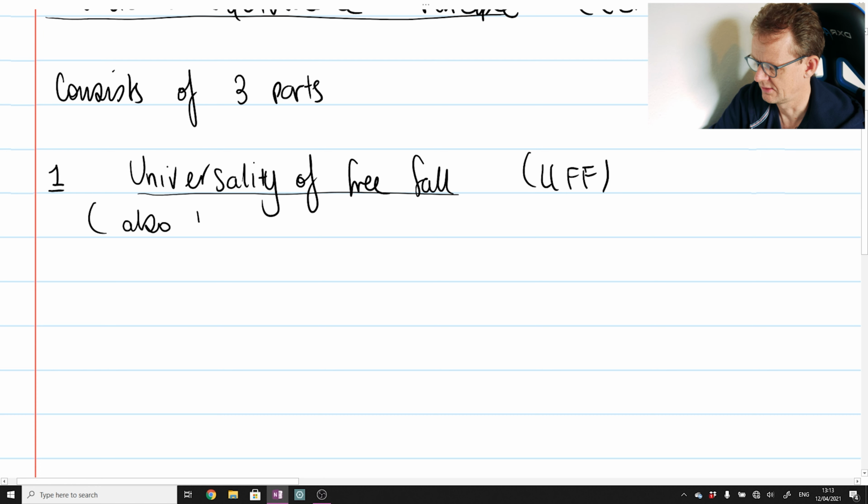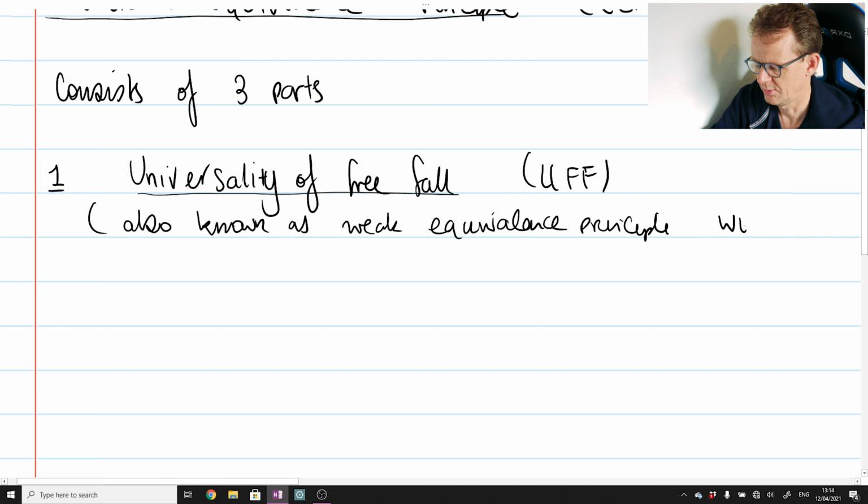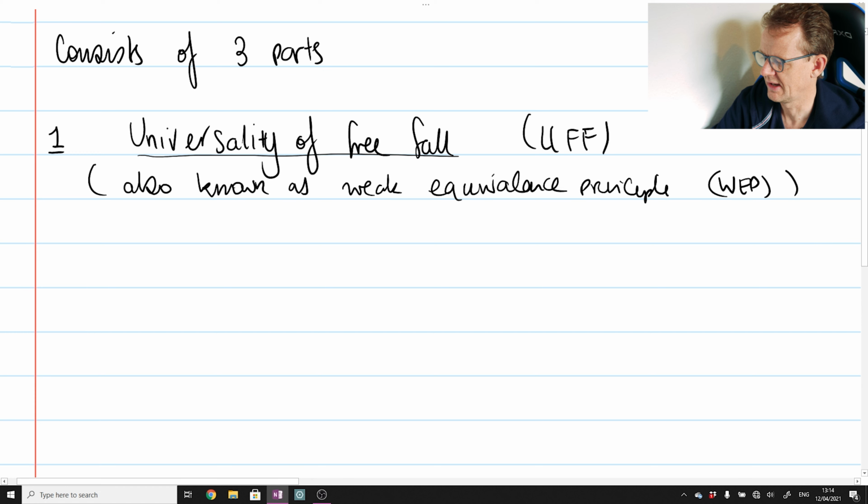It's also known as the weak equivalence principle, or WEP for short. And the content of this principle, what we discussed in the previous lecture, says that spatial orbits of test particles only depend on the initial conditions and not on the physical or chemical properties of a test particle.